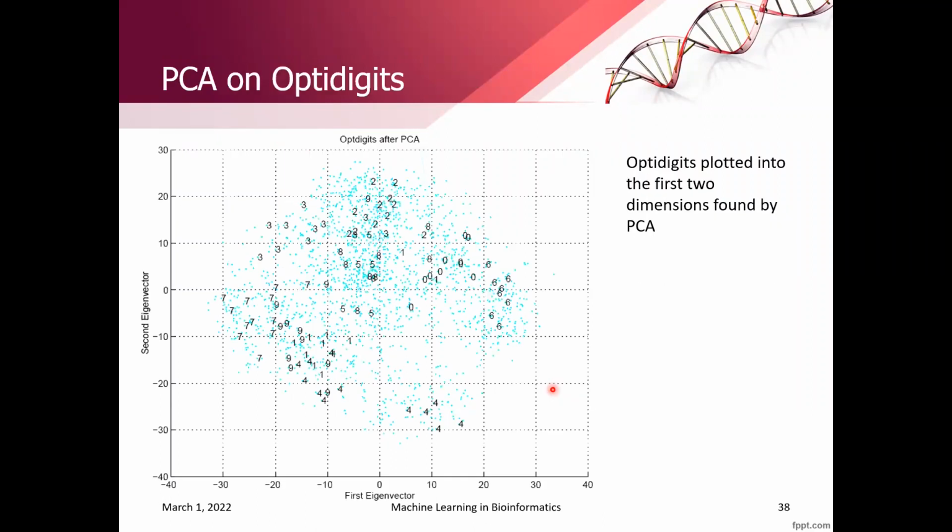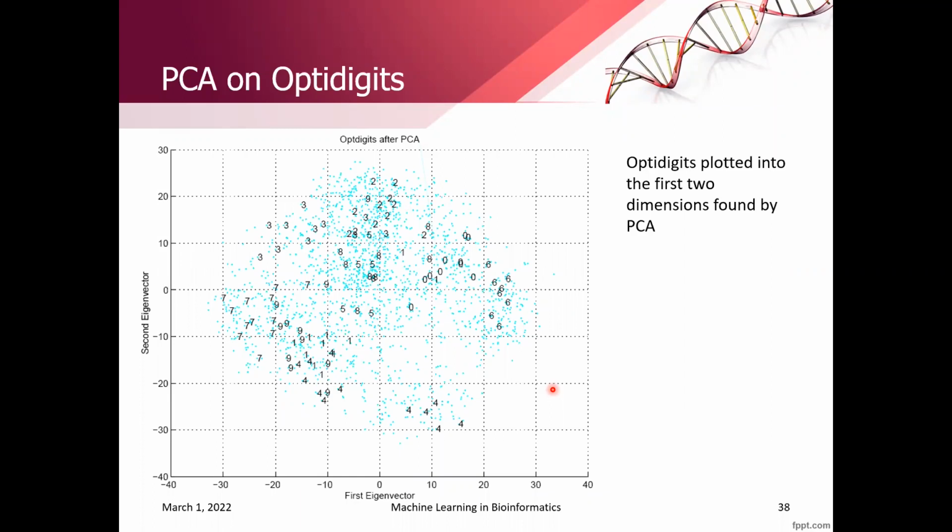This is a result on artificial data. This is not from bioinformatics. This is the set of handwritten digits. So you know about the NIST. So this is some variant of NIST. And if we use the principal component analysis and map the data according to the first two principal components, we obtain mapping in a plane, and here is the result.